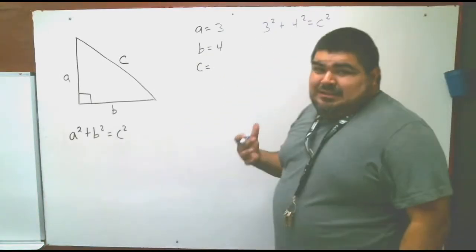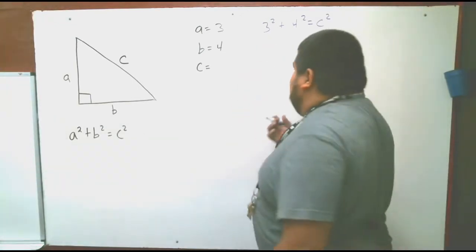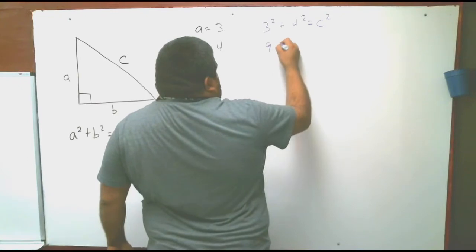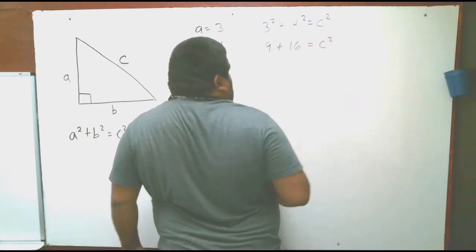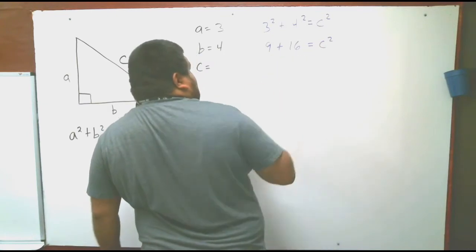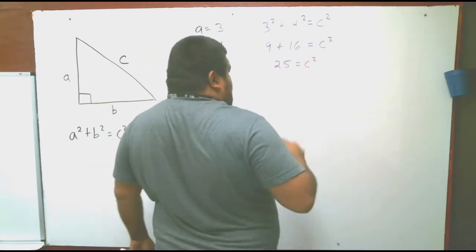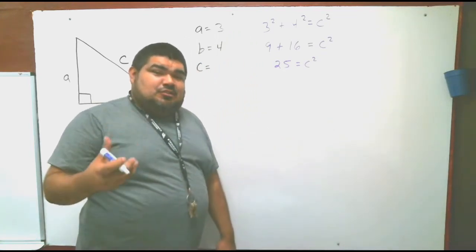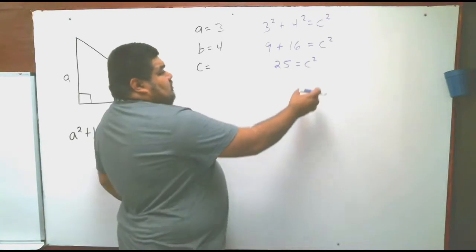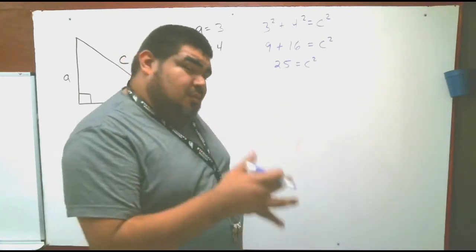We can say this. 3 times 3 is 9. 4 times 4 is 16 equals C squared. 9 plus 16 is 25 equals C squared. Now, remember, we're only solving for C, not C squared. So since we have C squared, the opposite of a square is a radical.